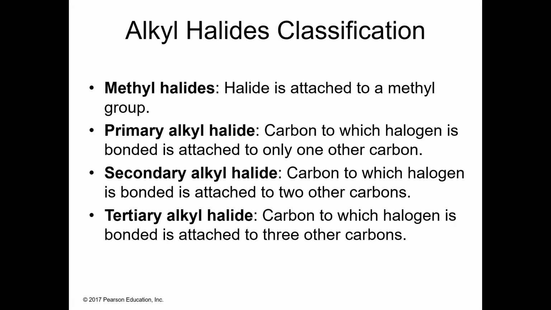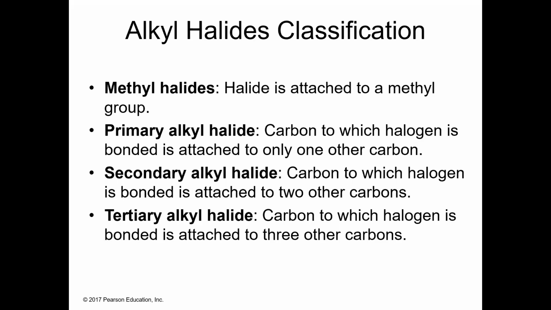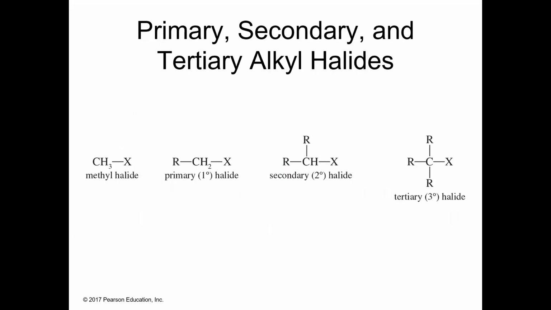And a secondary alkyl halide is one in which the carbon has a halogen and the carbon is bonded directly to two other carbons. So if we back up here, isobutyl bromide would be an example of a primary. Sec-butyl would be an example of a secondary, and tert-butyl would be an example of a tertiary. And here that is summarized. The R groups don't all have to be the same.